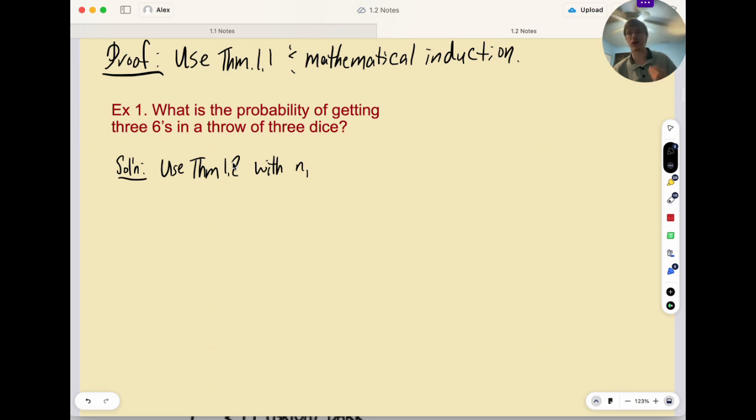N2 is how many possibilities are there for the second die that you throw, and N3 is the third die. Well, they're all going to be the same in this case, right? So N1 is going to be the same as N2, which is the same as N3, and they're all 6.